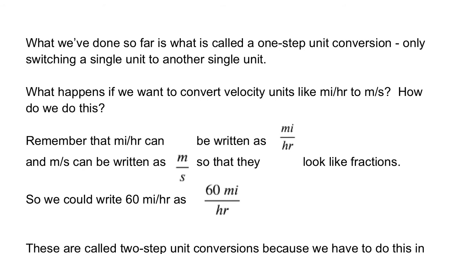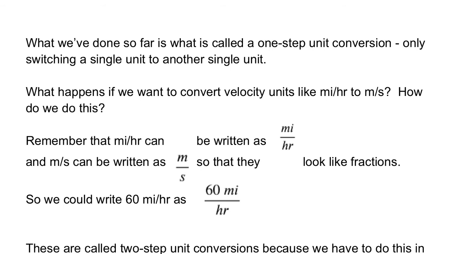But now, what if we want to convert miles per hour to meters per second? That's hard. What do you think the strategy will be? Convert miles into kilometers and kilometers into meters.